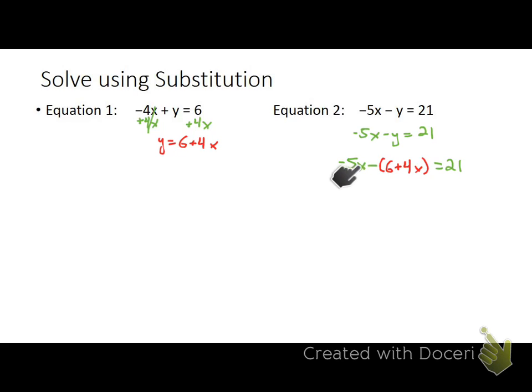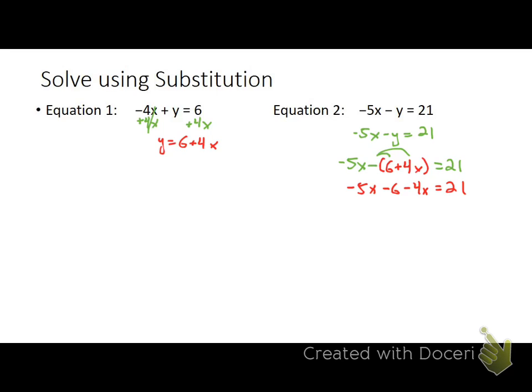So -5x minus y equals 21. And now we just solve. I'm going to distribute my negative. And I have -5x minus 6 minus 4x equals 21.